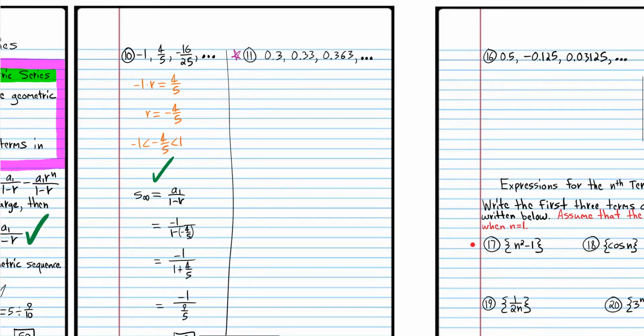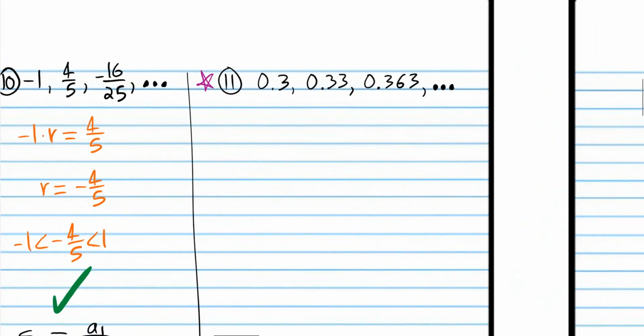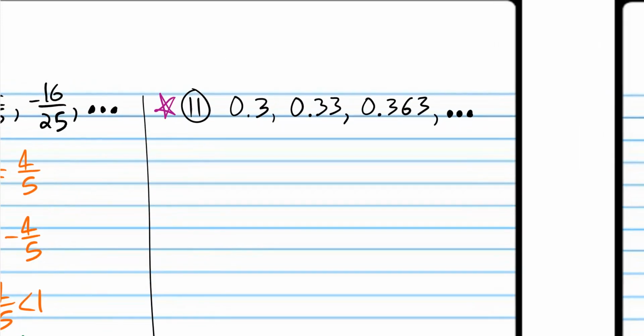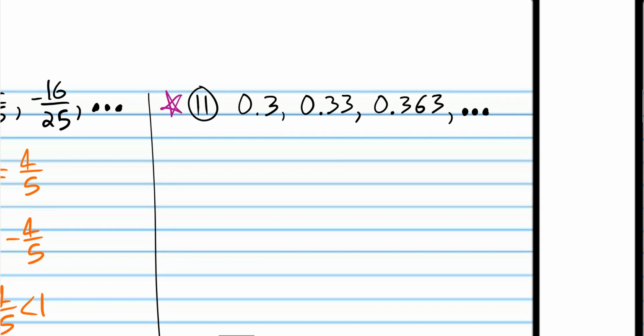Okay, so let's go on to the next sequence, and we have a purple star, which tells us that something different is going to happen here. Let's confirm that the common ratio is between -1 and 1. So we'll take the first term and multiply it by the common ratio, and we should get the second term, 0.33.